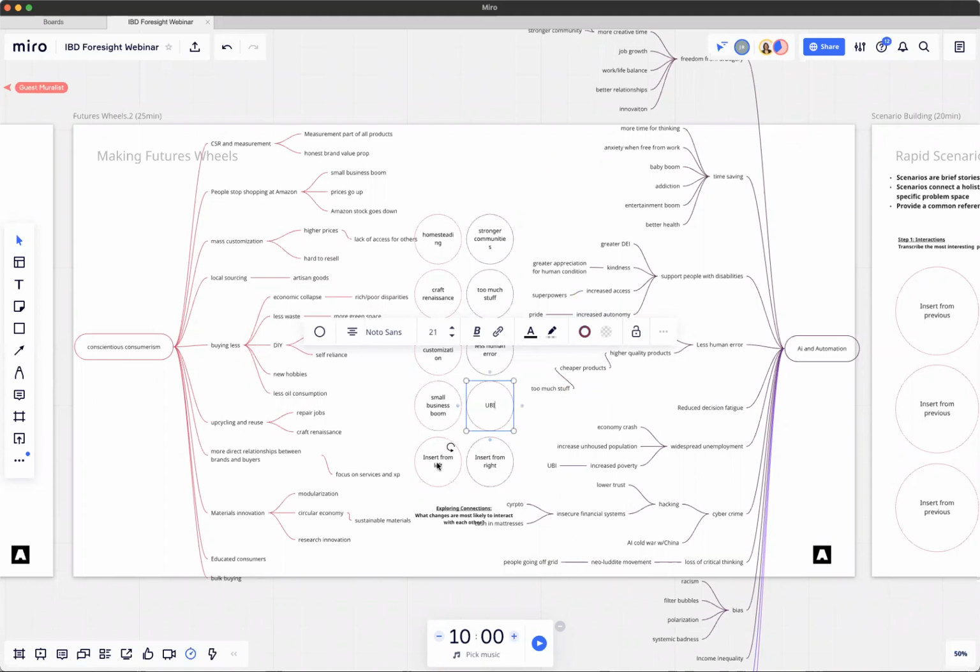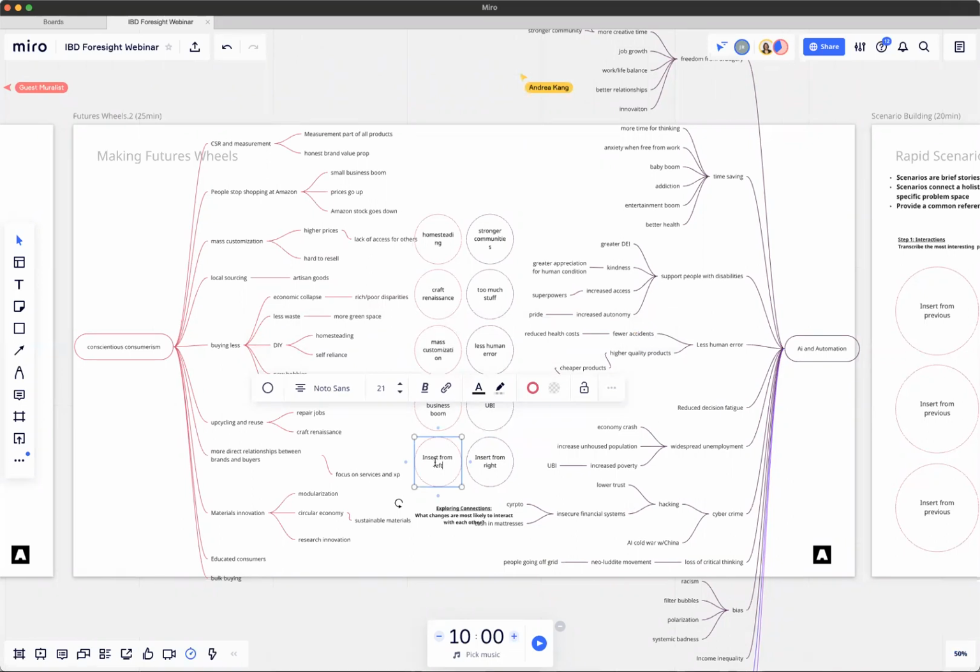Okay, then one more. Does anyone else want to type in the chat one that they're interested in? We had modularization and racism. Explain to me that connection.